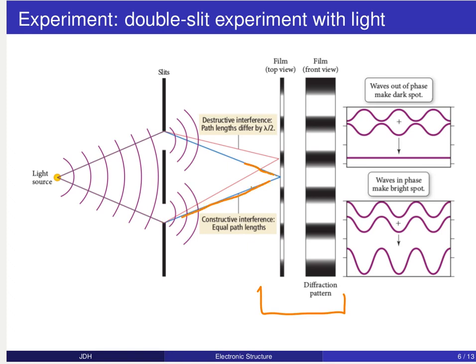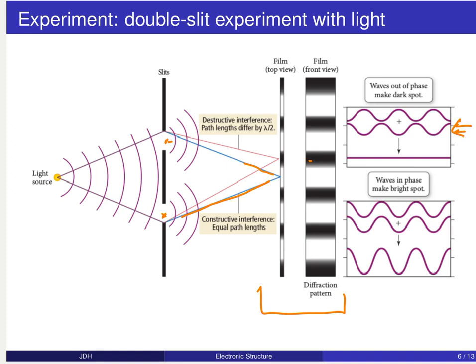Right? And so we're talking about light, so that is going to manifest on the viewing screen on the far end of the double slit as a white or bright portion. Then adjacent to every one of those bright portions is going to be a portion where you're going to have destructive interference, illustrated right here. And that's a situation where the two wave fronts of the light at the first slit and second slit effectively cancel each other out, destructive interference, and you're going to get a dark spot.